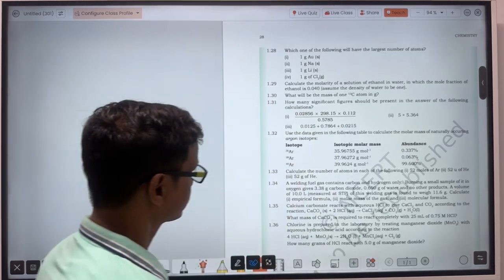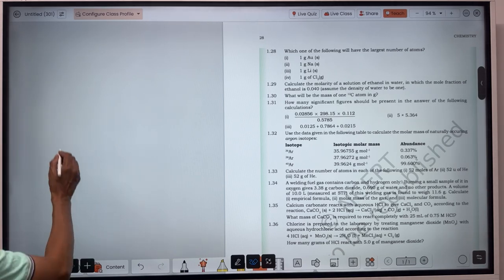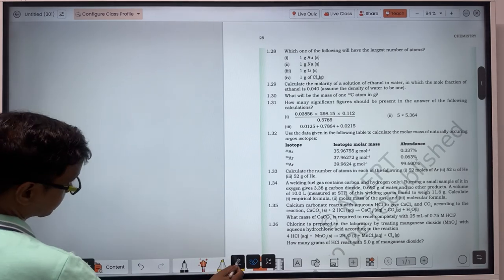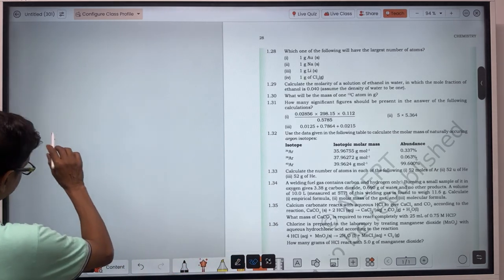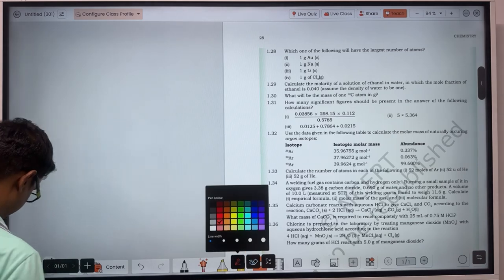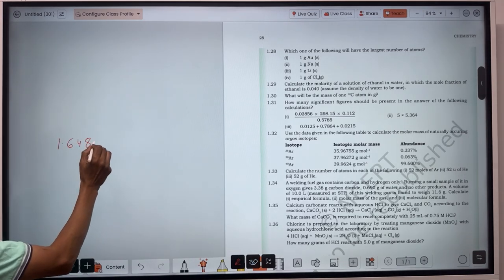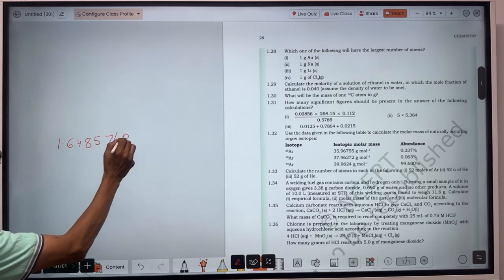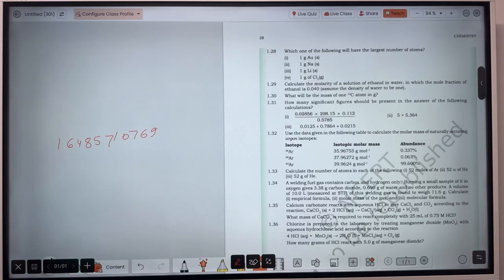So when you multiply these values and take out all the figures, after multiplying and dividing, it will come 1.6485710769.